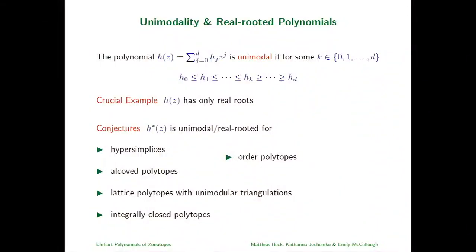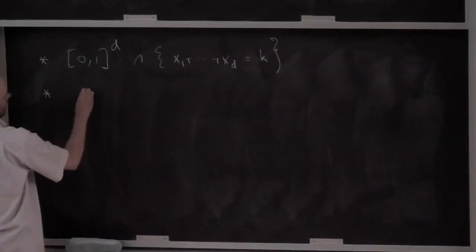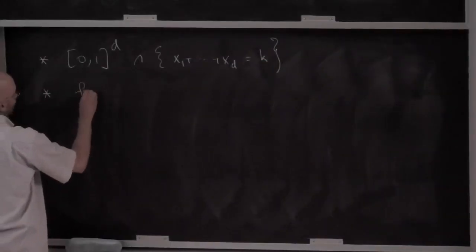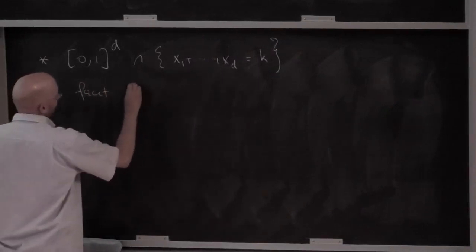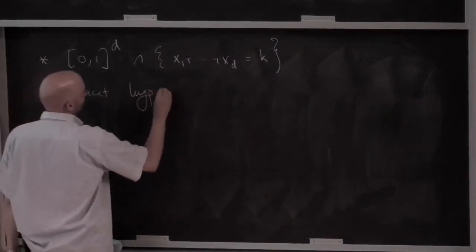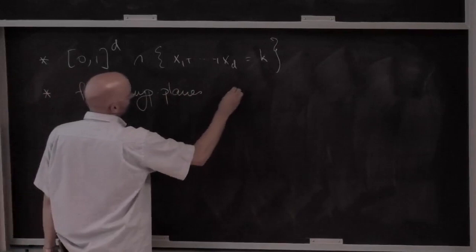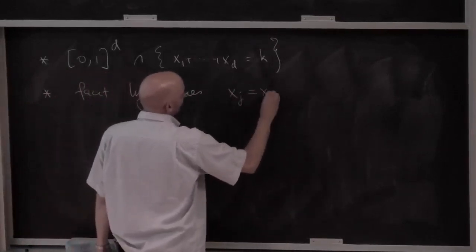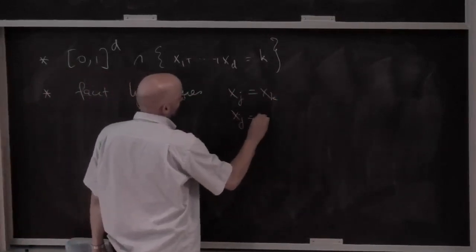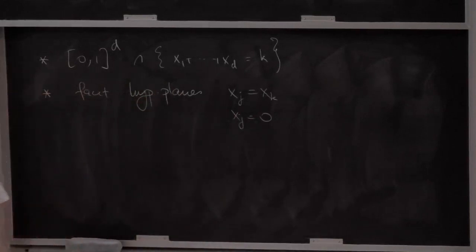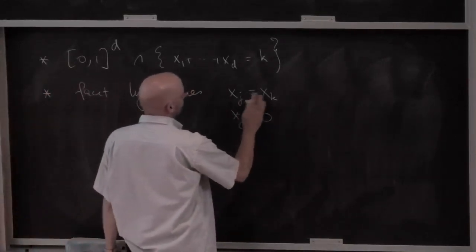What's an Alcove polytope? An Alcove polytope is one where each facet's hyperplanes are of the form, excuse me, I need a constant in here.